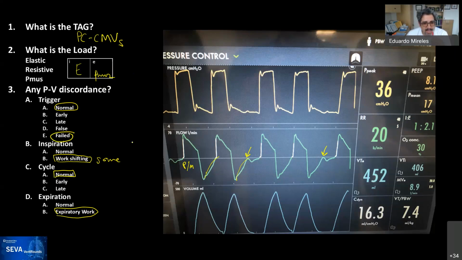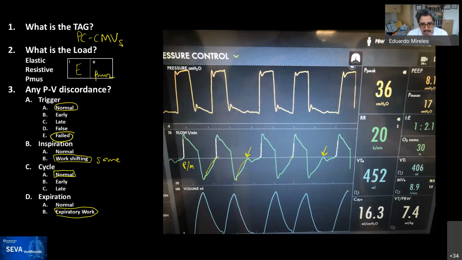In terms of the cycle, you could probably make an argument that it's normal if you consider that there's not much PMOS in here. I don't think this is a delayed trigger or a trigger delay or late trigger.